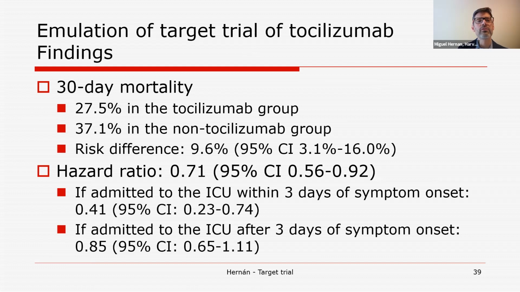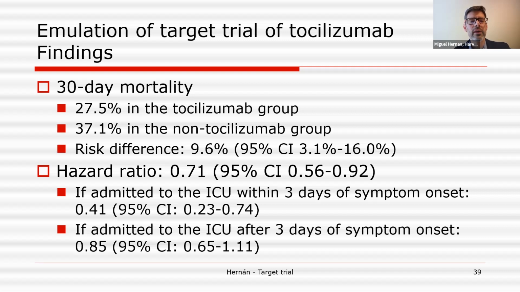So this is what this observational study found. It found a lower mortality in the TOCI group compared with the non-TOCI group. This is after applying inverse probability weighting and other methods, and doing something reasonable to choose time zero without risk of immortal time bias.